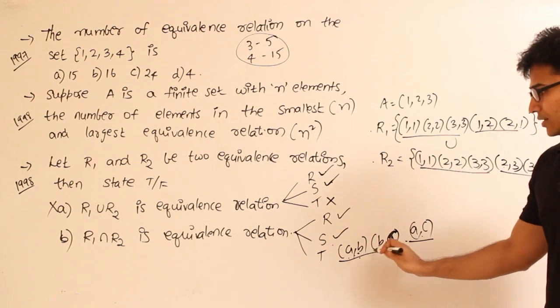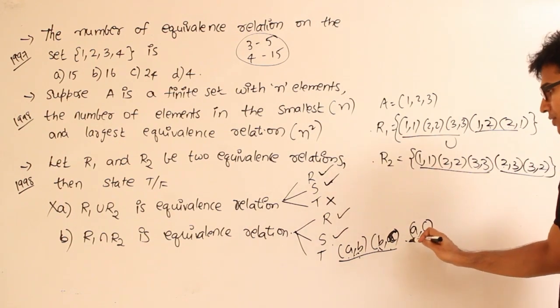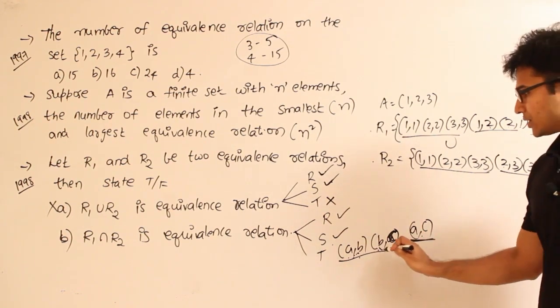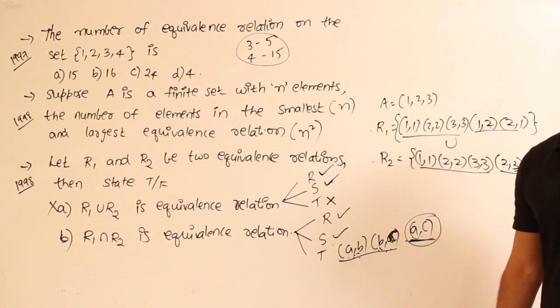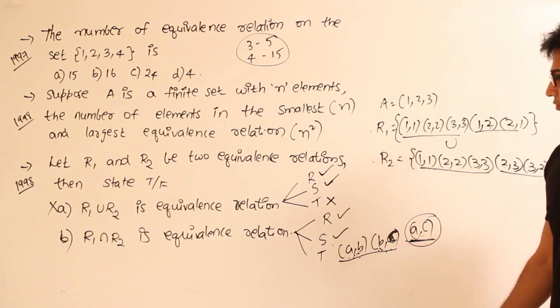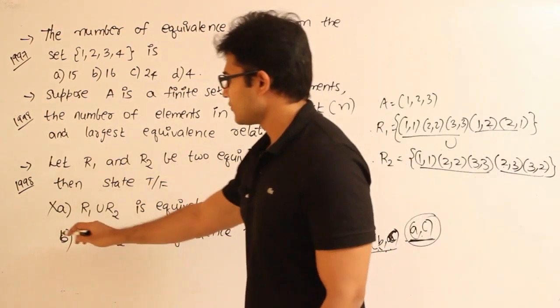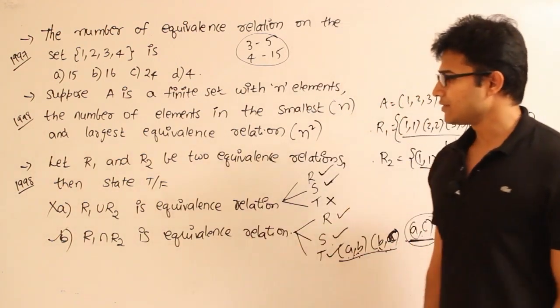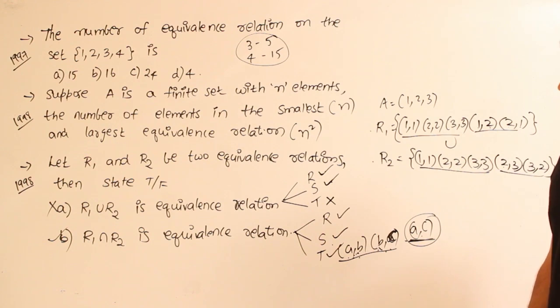And similarly, since these two are present in R2 and R2 is transitive, R2 will also contain (a,c). Therefore, along with these two, we'll get (a,c) also into the intersection. Therefore, we can say that it is going to be transitive, and so the intersection of two equivalence relations is going to be an equivalence relation. Got it?